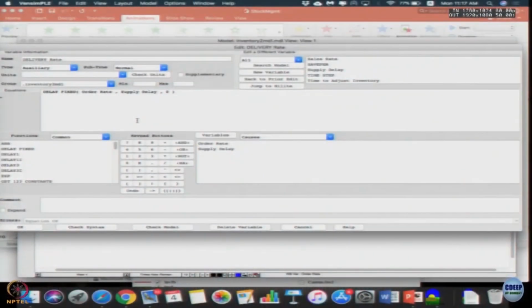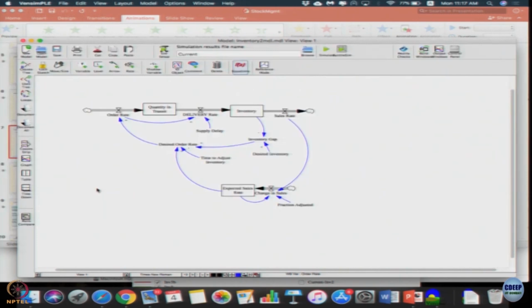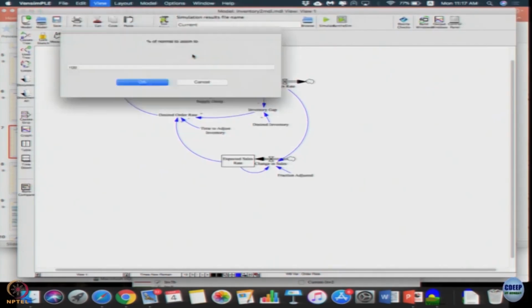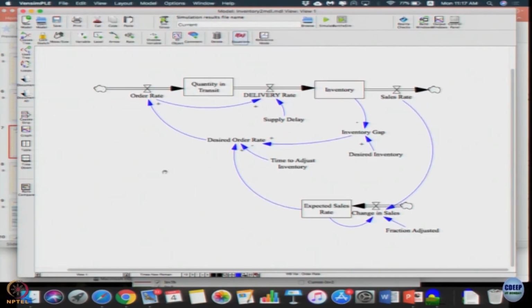This is the delivery rate: delay fixed, order rate, comma, supply delay, comma, 0. Got it? Run the model.